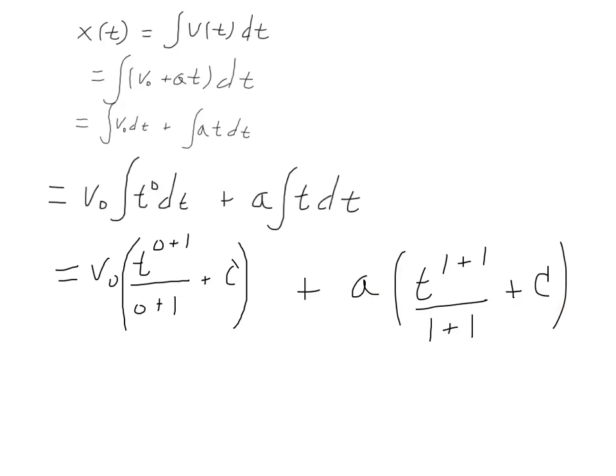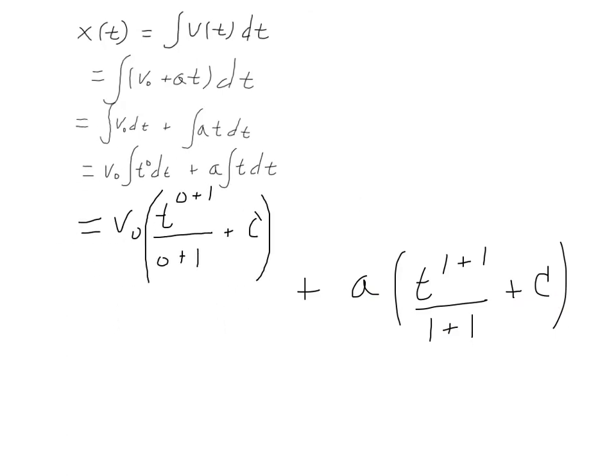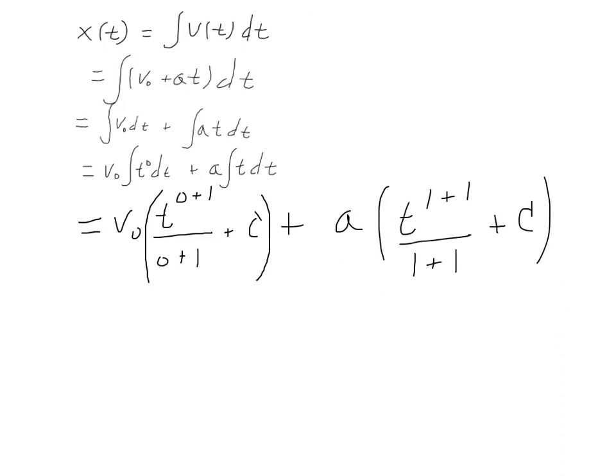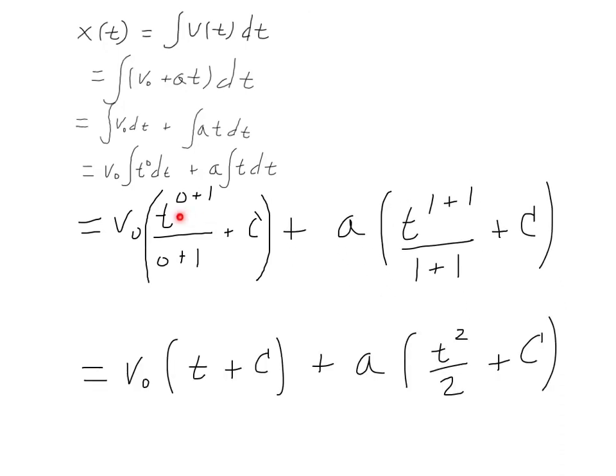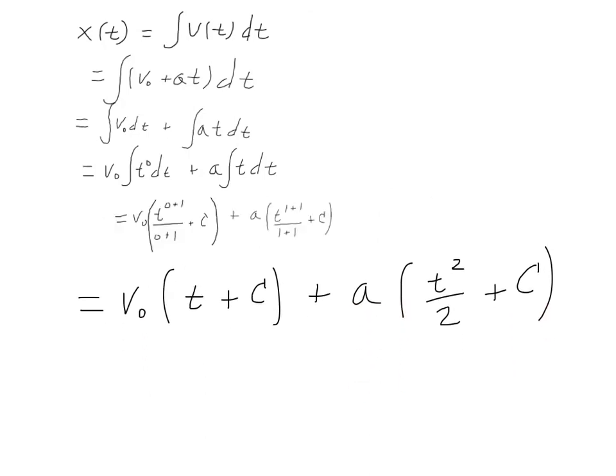So let me make a little bit more room here. And so this all equals, let me just move that up. So if I simplify a little bit, I get these two, and I'm still going to distribute my v naught, I'm still going to distribute my a.